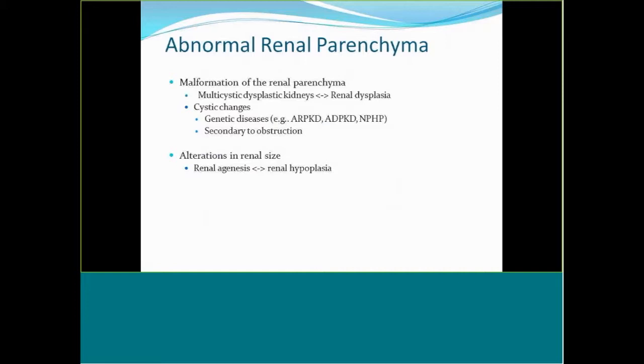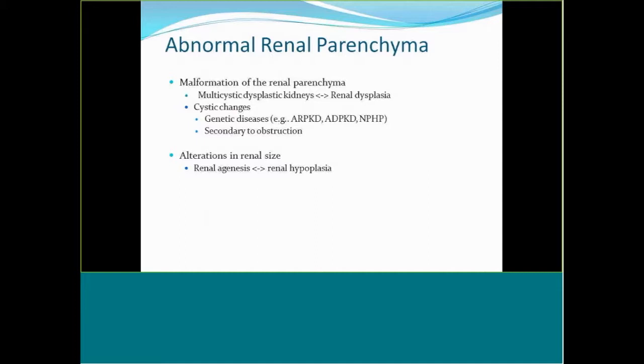So now I'm going to go back and track through what I mentioned earlier, the different stages. So abnormal renal parenchyma, what's happening here? You have this malformation of, for lack of a better term, the meat of the kidney, the part that's not the collecting system, but where the glomerulus is, where a lot of the work of what the kidney really does happens.